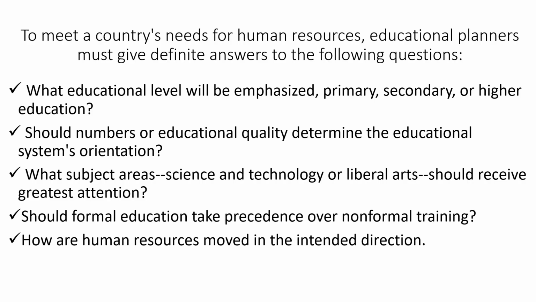What educational level will be emphasized: primary, secondary, or higher education? For example, under decentralization, in local government, there are some officials which are needed, say, ward education officers. We talk about ward executive officers, watendaji. We talk about villages and the mitaa executive officers.